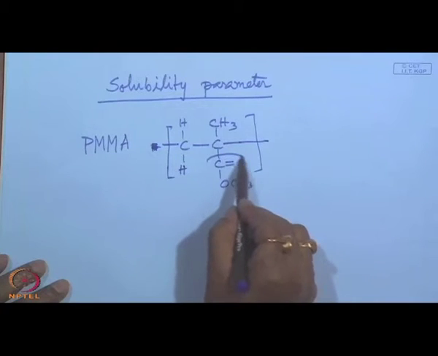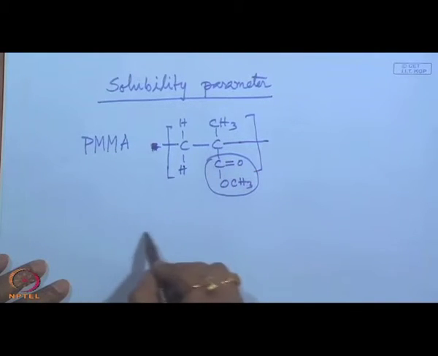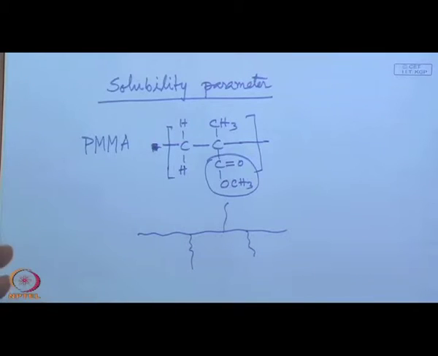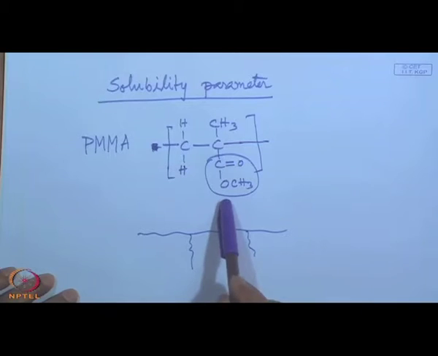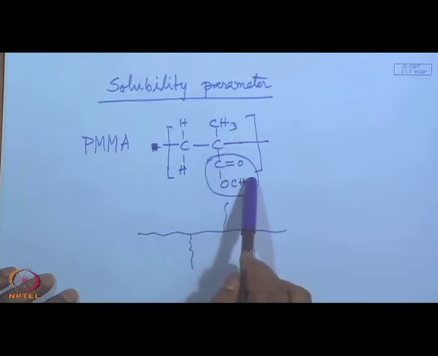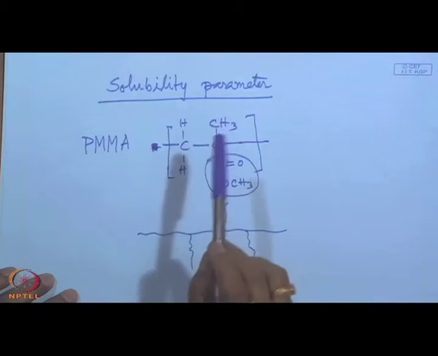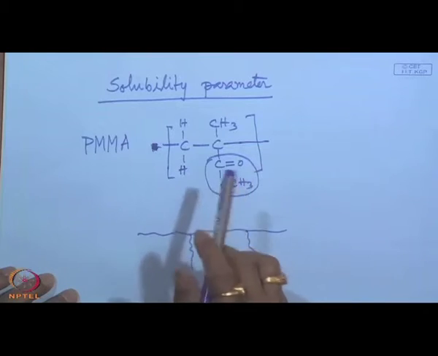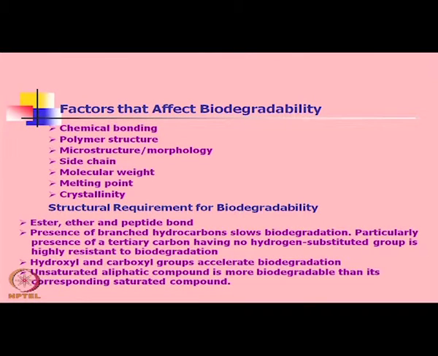This is a substituent, or you can say side chain, or a polymer can have, configuration wise, a side chain or branch like this. So, whether the polymer contains a side chain or not, and whether the side chain is polar or non-polar, this is a polar side chain, this is a non-polar side chain or side group, etc. That also influences the biodegradation or degradation by microorganisms.